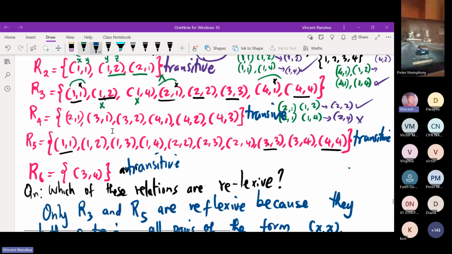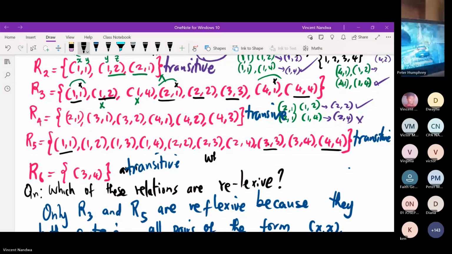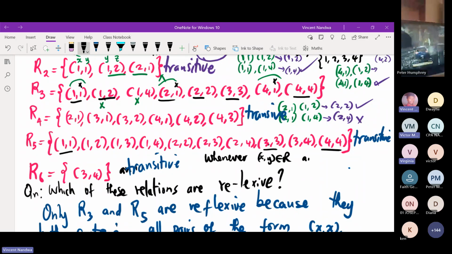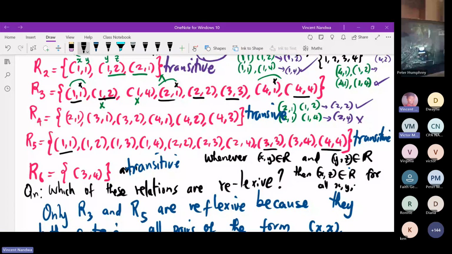Remember the definition of transitive: we say that a relation R is transitive if whenever X, Y is in R and Y, Z is in R, then X, Z must be in R, for these numbers X, Y, Z in R.